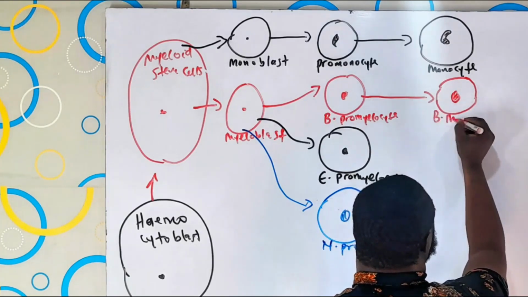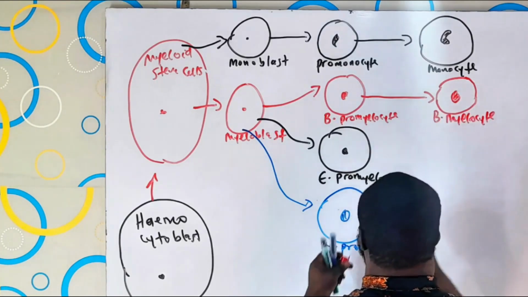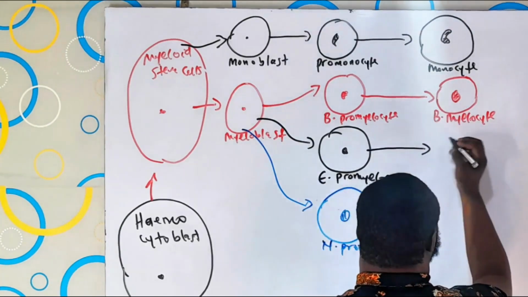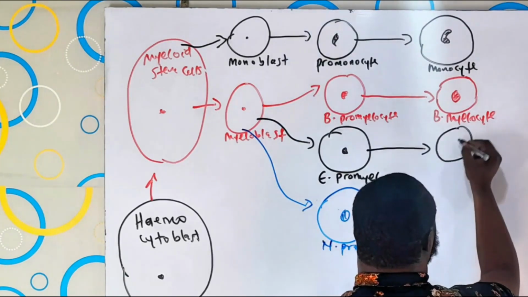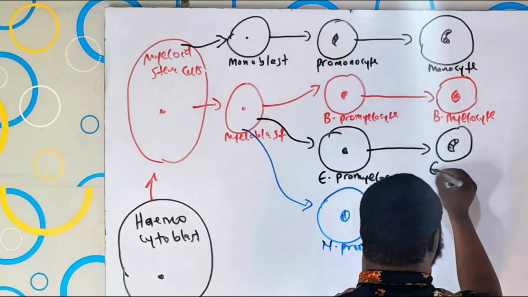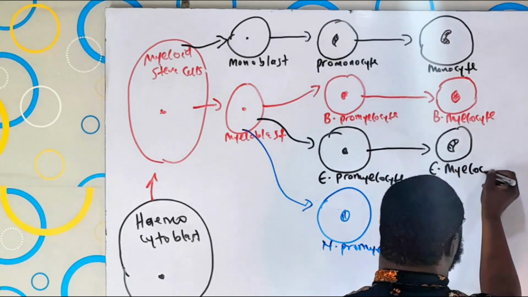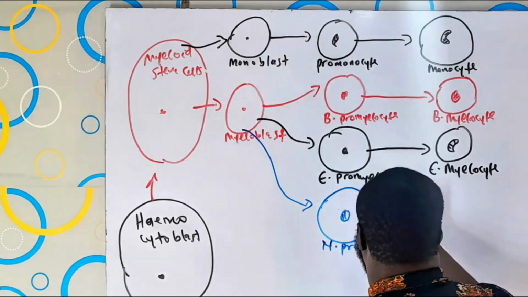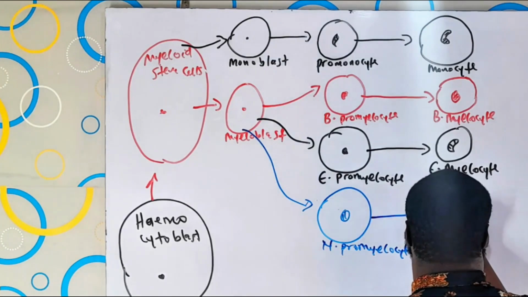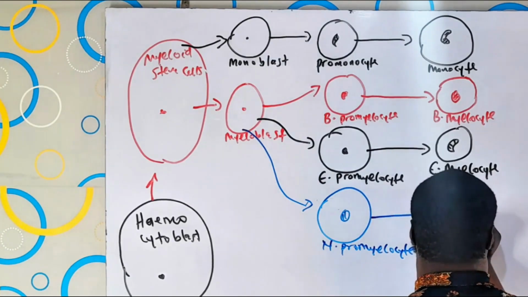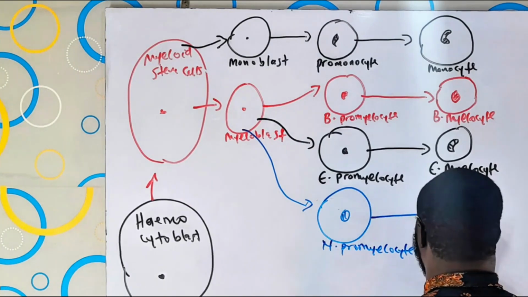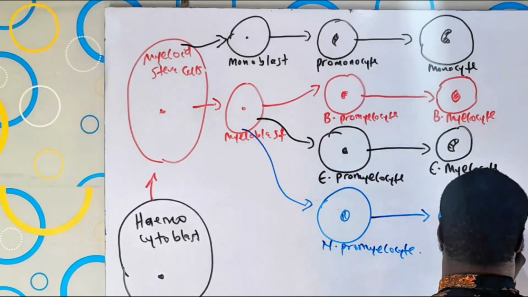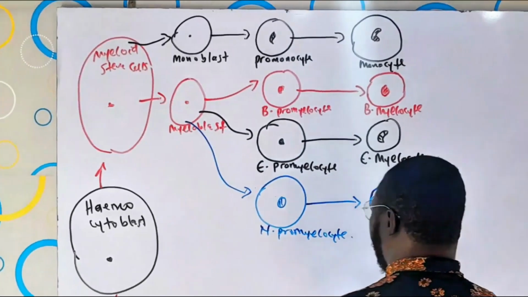And this next one will become eosinophilic myelocyte. And finally the blue one will become the neutrophilic myelocyte. Sorry, apologies for the confusion.